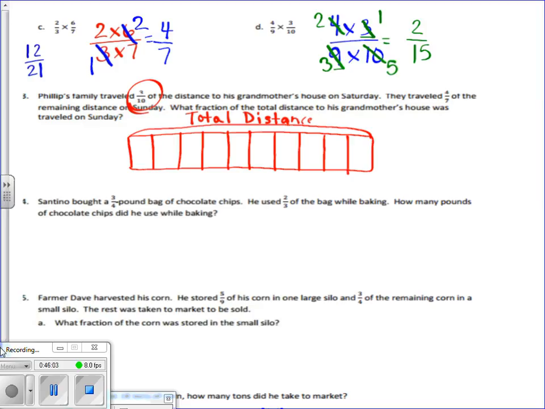I already know that I can put 3/10, that this is Saturday. That 3 out of the 10 was Saturday.